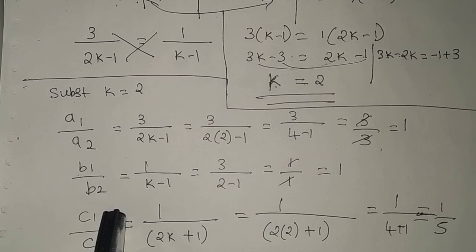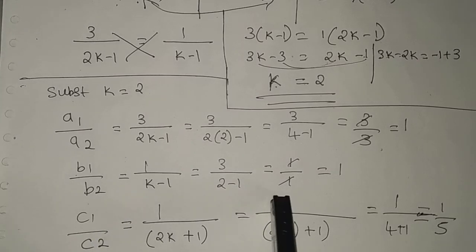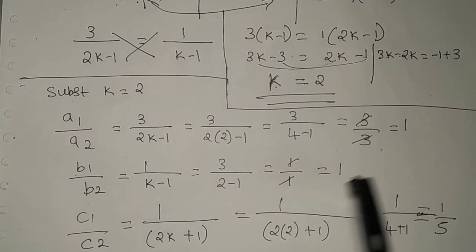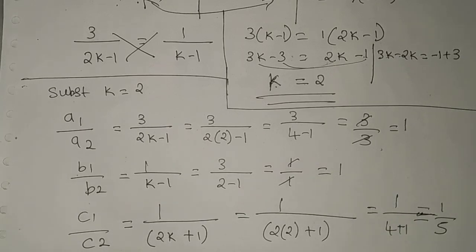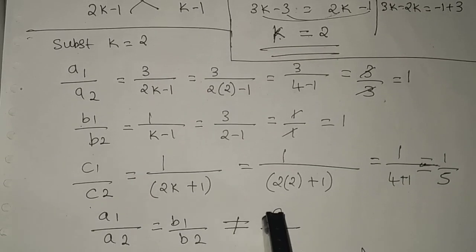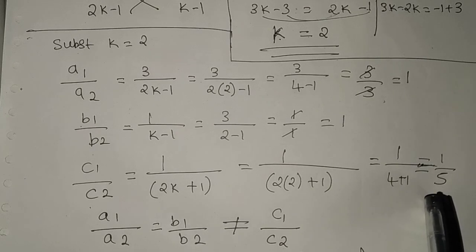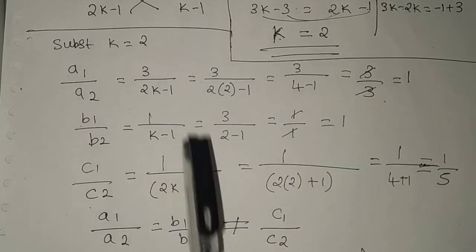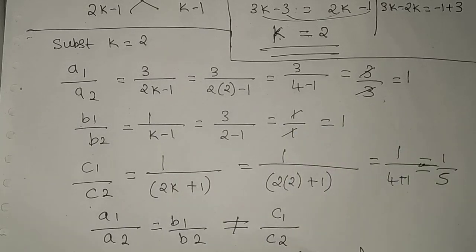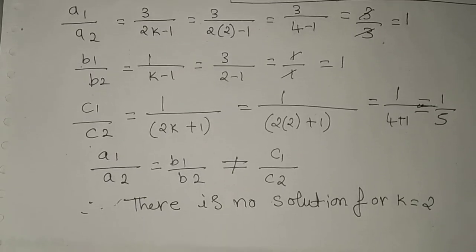Again we find B1 by B2, substitute for k, then we get 1. Then C1 by C2, again substitute the value k is 2 here, so we get 1 by 5. Here we get A1 by A2 equal to B1 by B2, which is not equal to C1 by C2.